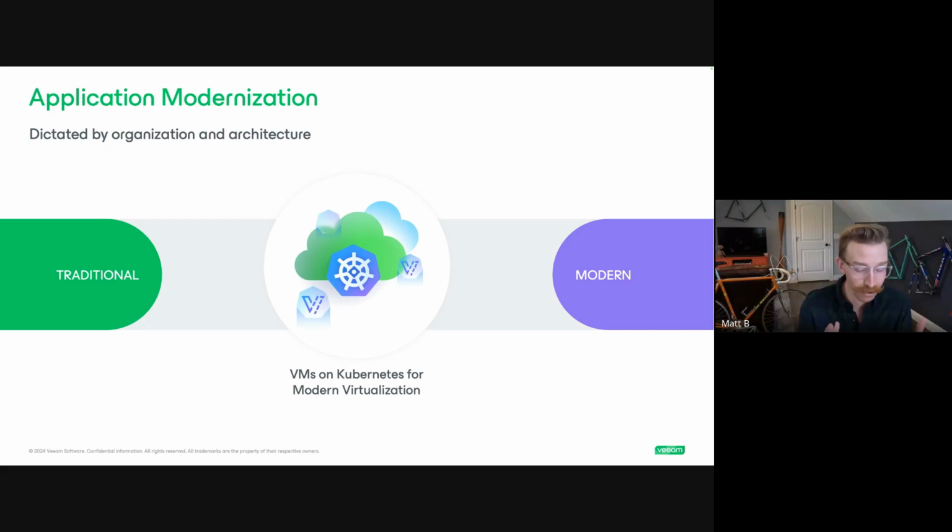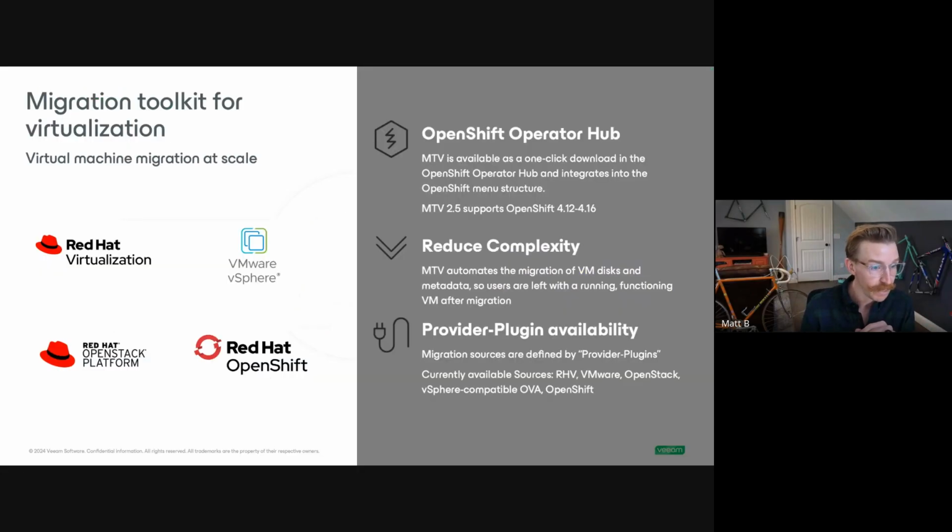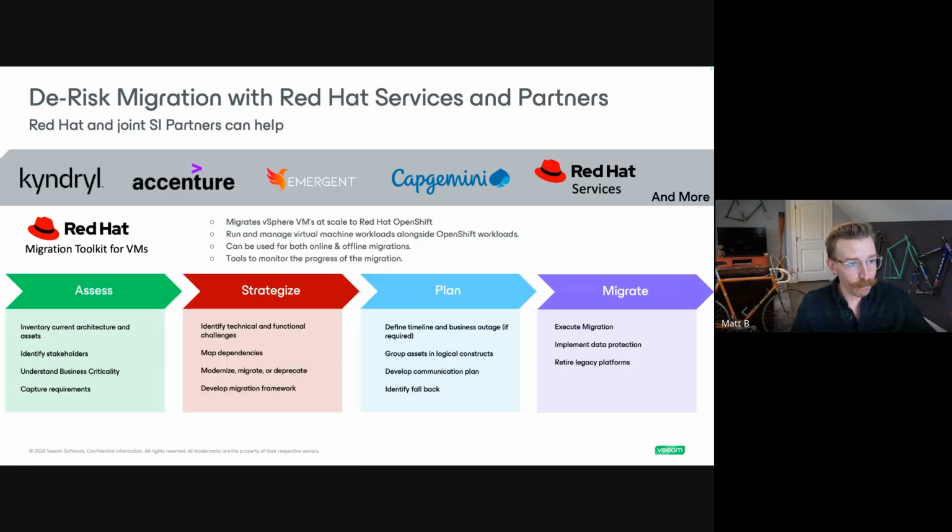So KubeVirt powered VMs. And Red Hat has done a lot in this space to make the adoption of OpenShift virtualization much easier. I probably don't need to get into the reasons why people in 2024 and 2025 are considering alternate hypervisors. But there's a lot of interesting work here going on with the migration toolkit, and working with different services partners to make that a very seamless end-to-end experience for customers.